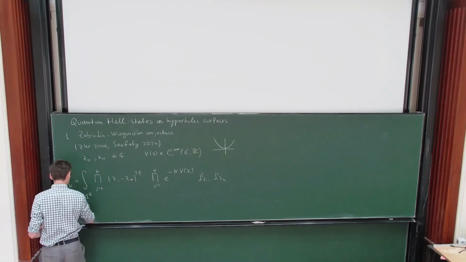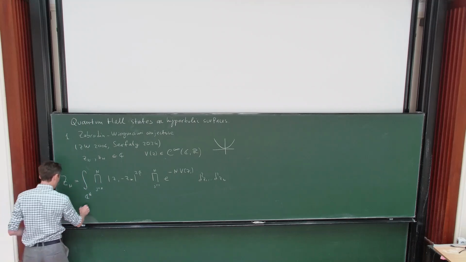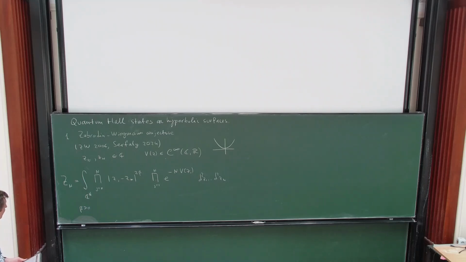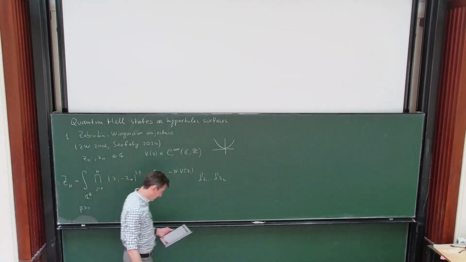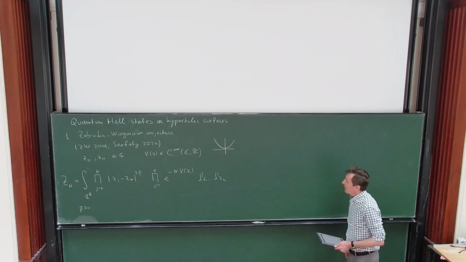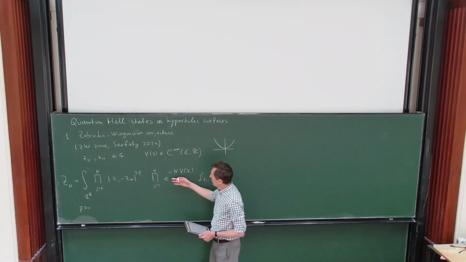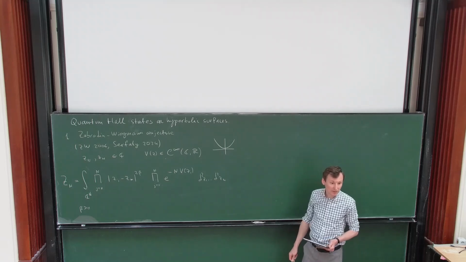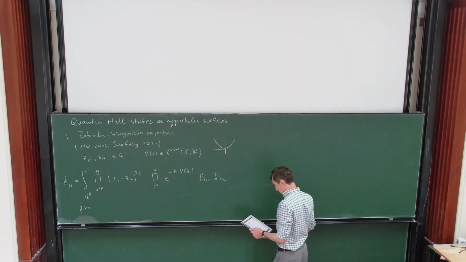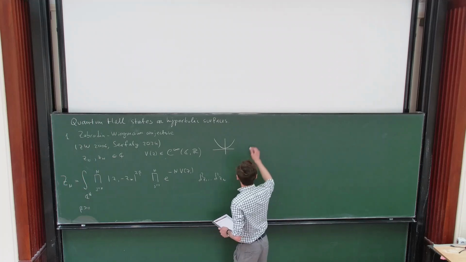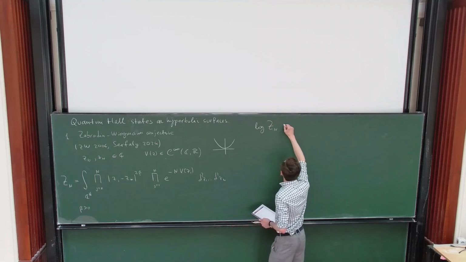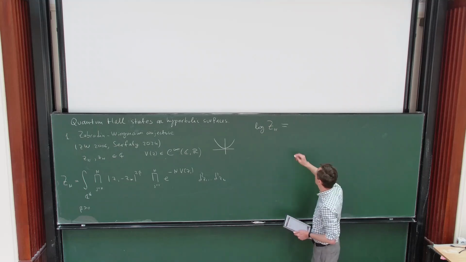Beta here is a real number in principle. Let's say beta greater than 0, maybe beta greater than 1. And so the conjecture is about studying the partition function Z_n as n goes to infinity. We will look at log Z_n as an asymptotic expansion as n goes to infinity.